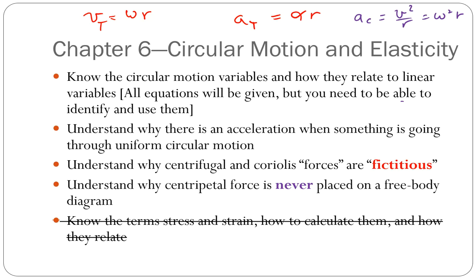And it's because calling it a force is incorrect. It is something that happens because of the changing speed as you increase radius. As per that top equation, V is omega R. If R gets bigger and omega is constant, then V has to get bigger.